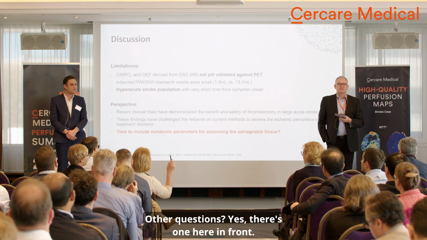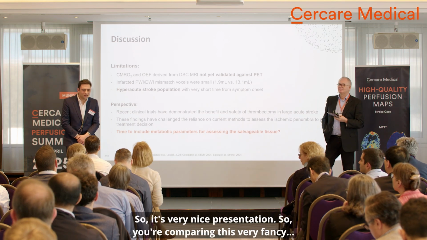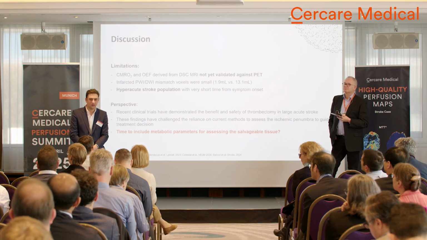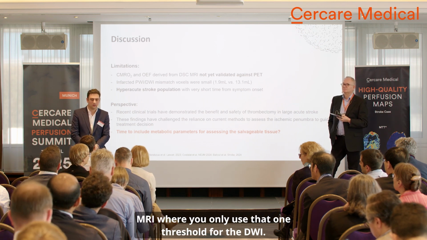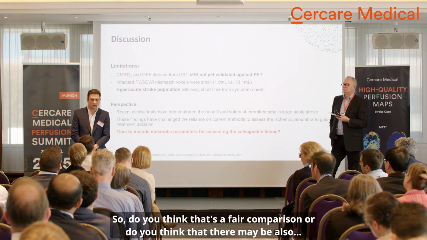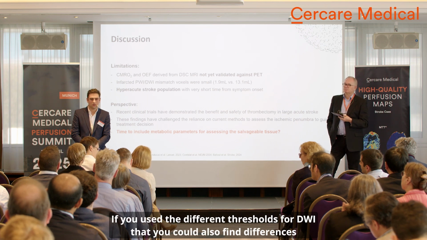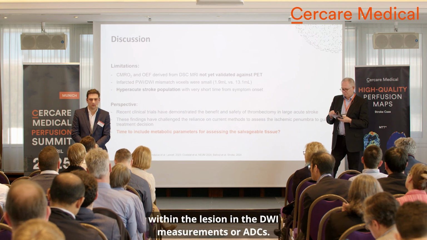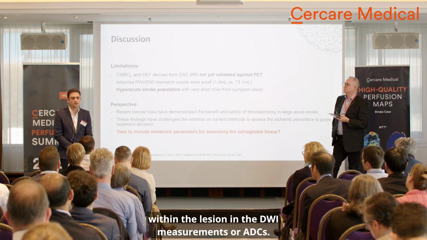Other questions? Yes, there's one here in front. Nice presentation. So you are comparing this very fancy perfusion MRI where you only use that one threshold for the DWI. Do you think that's a fair comparison, or if you use different thresholds for DWI, could you also find differences within the lesion in the DWI or ADC values?